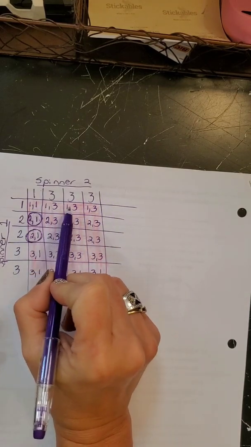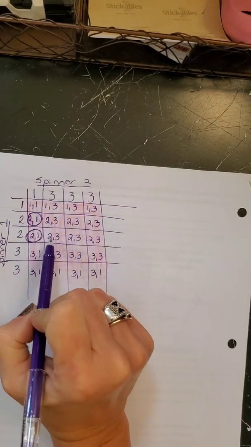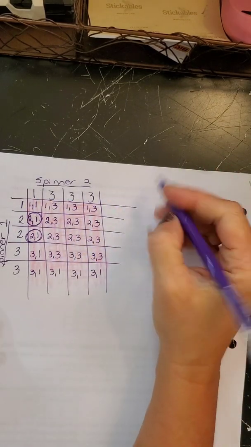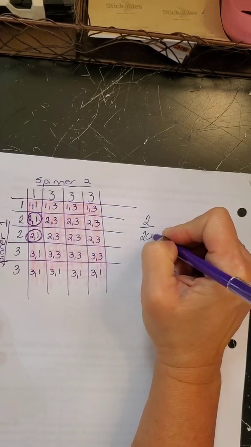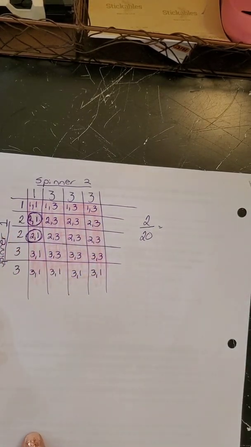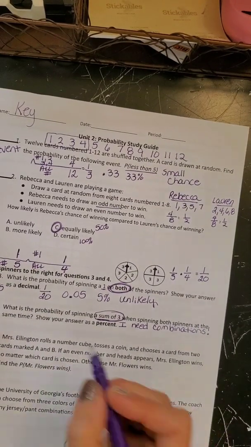So I have 1, 2, 3, 4, 5, 6, 7, 8, 9, 10, 11, 12, 13, 14, 15, 16, 17, 18, 19, 20. So 2 out of 20 is the probability of getting a sum of 3 when you spin both spinners.